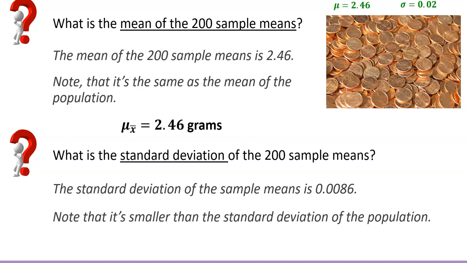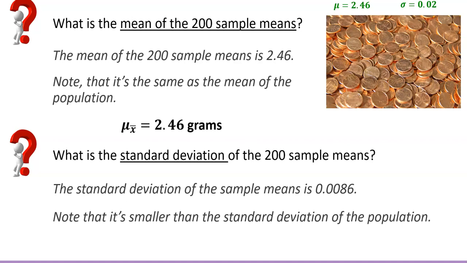But as we create samples, and if it happens that an extremely heavy coin that we had in the population gets into the sample, and we then calculate the sample mean, then the sample means themselves will not be that extreme, right?